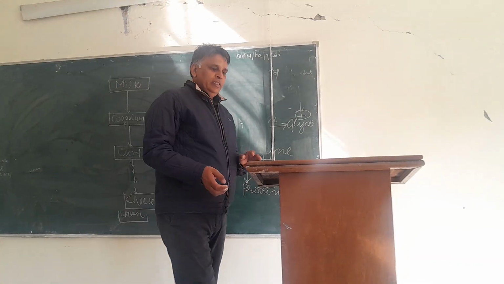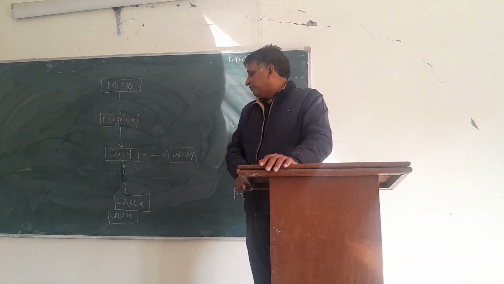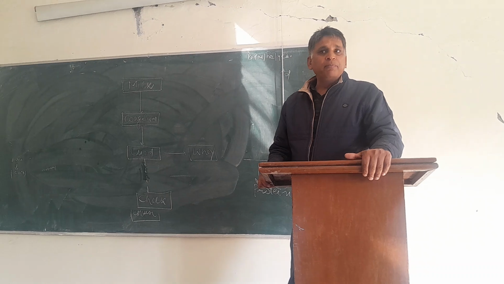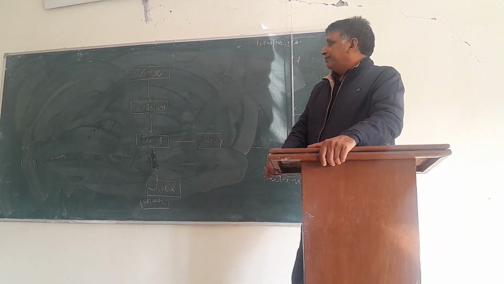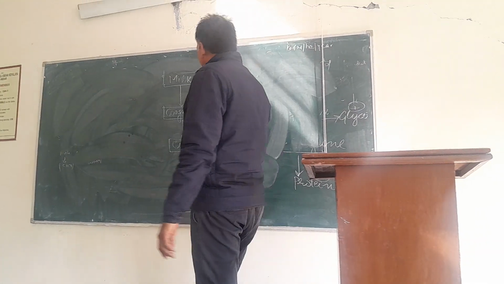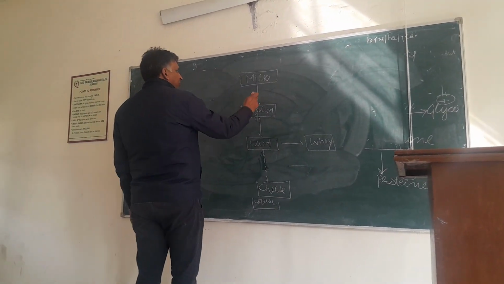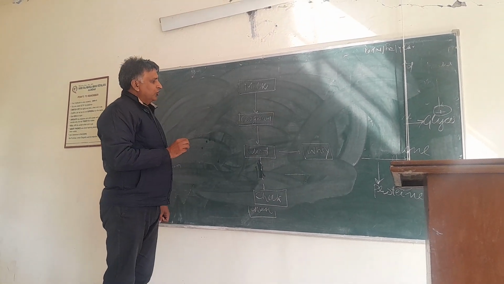So my dear students, this is the layout for the production of cheese, which is a fermented product and part and parcel of daily life. And first I will explain this very first step, that is how milk changes into coagulum.